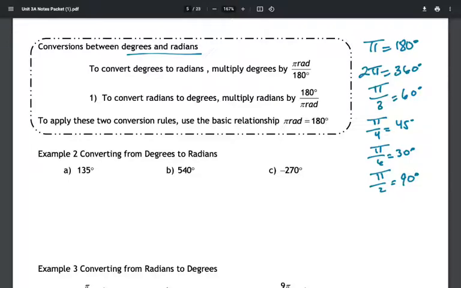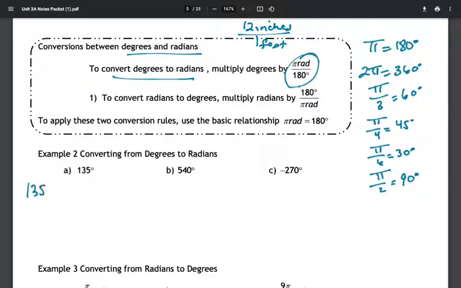So if I want to convert 135 degrees to radians, these are the directions. You're going to multiply it by pi radians over 180 degrees, because it's almost like you're doing a conversion from feet to inches, where you're going to multiply it by 12 inches over 1 foot, because those are the same measure, just different units. Well, pi radians is the same thing as 180 degrees.